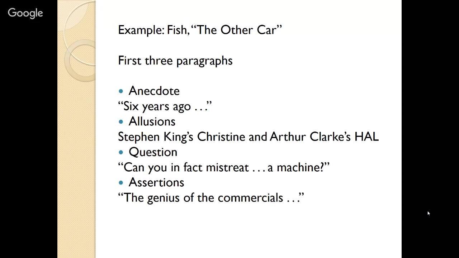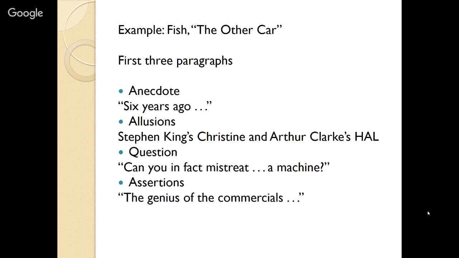And then he uses assertion, and this is where he gets to the thesis. He is looking at the advertising campaign that Avis Rent-A-Car used several years ago. And he says the genius of the commercials is that they foreground the sexuality that informs the relationship between the car owner and the object of his/her affection.